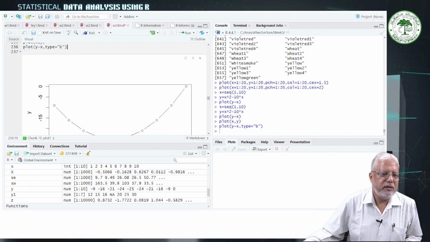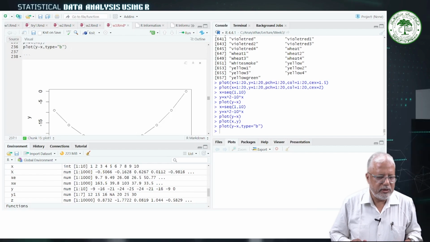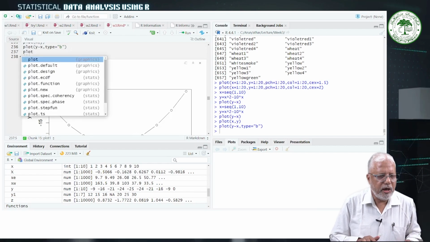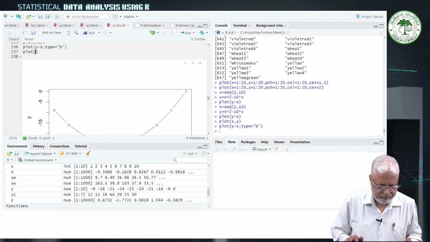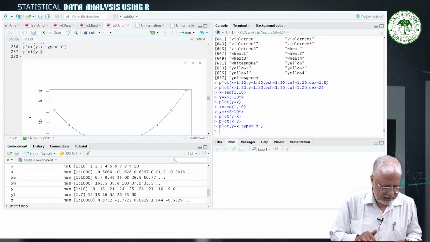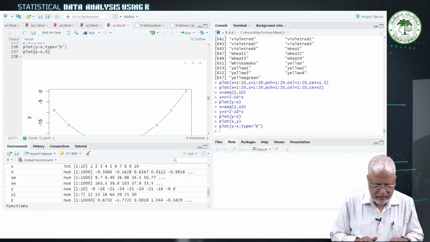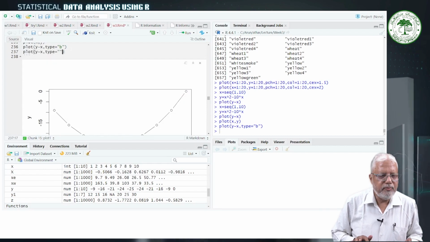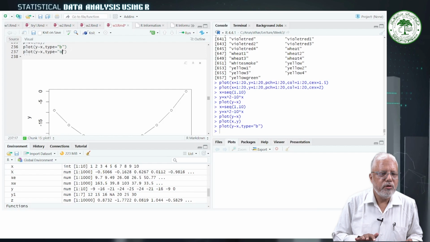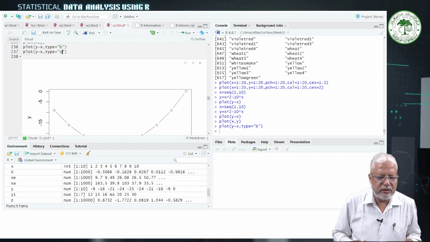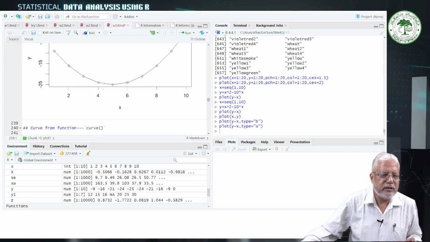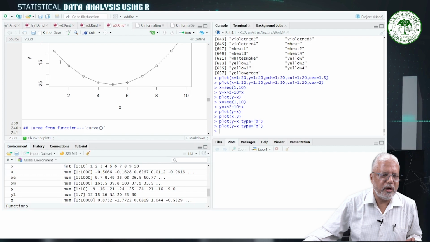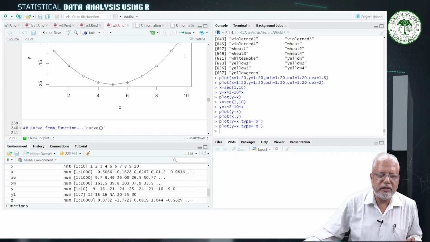But if we have another option, plot y tilde x and type is equal to small o, then see what kind of picture comes. Here it is penetrating, small o gives the option of penetrating inside the circle.